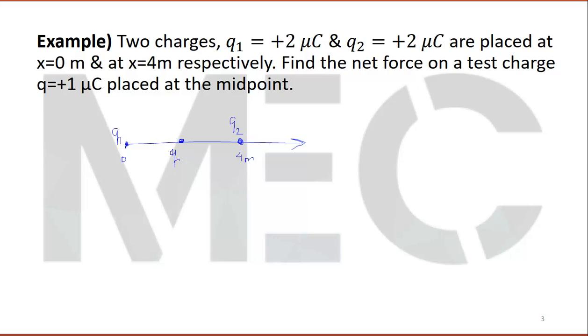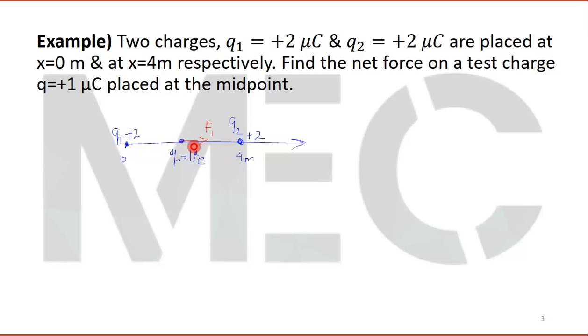So this is a test charge which is 1 microcoulomb here. Because this charge was positive 2 microcoulomb and this charge was positive 2 microcoulomb, the force applied from Q1 is F1, like this. It's a repulsion because both Q1 and Q are positive charges.